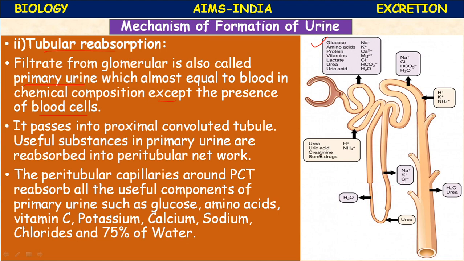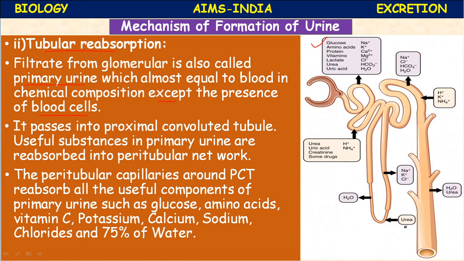And these are filtered and not reabsorbed: urea, uric acid, creatine, some drugs, meaning the medicines which we take, and ammonium in the form of ammonia, which is very dangerous. It is also retained in the filtrate, not reabsorbed. Some amount of water which is missed here is reabsorbed in the loop of Henle.